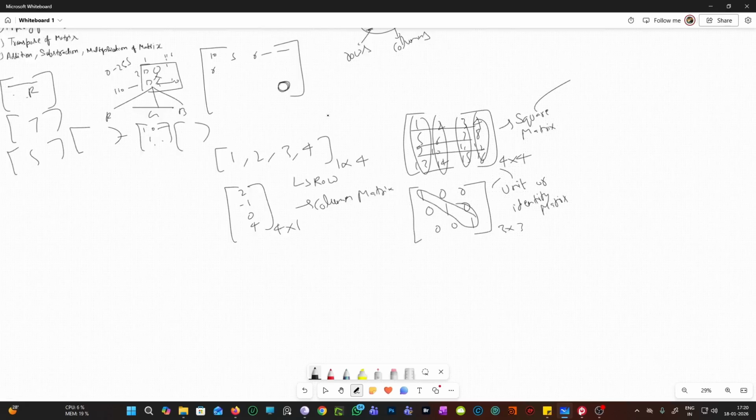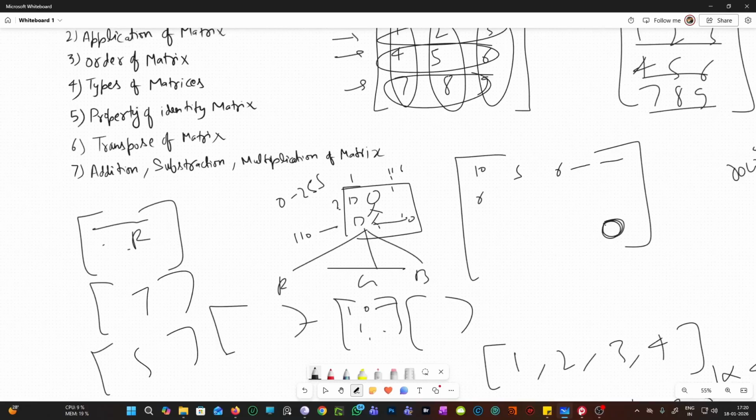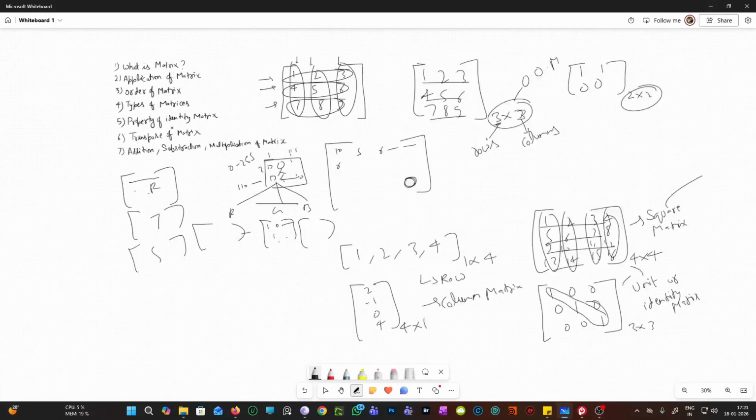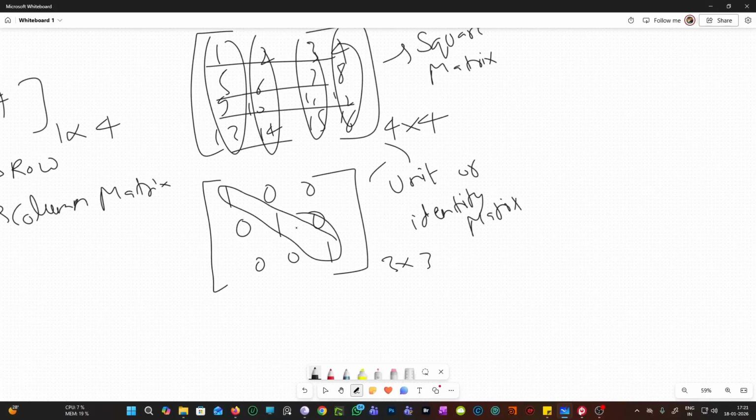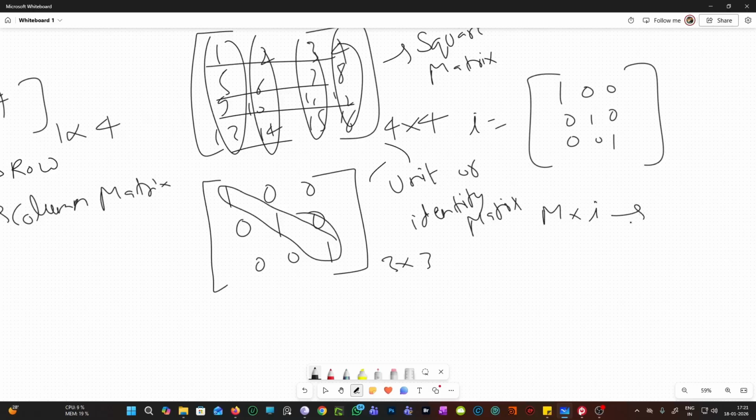Okay. So the next thing we have here is a property of the identity matrix. So basically, let's say this is our identity matrix: 1, 0, 0, 0, 1, 0, and 0, 0, 1. Let's call it I. So when we multiply any matrix by an identity matrix, we get the original matrix in return. And don't worry, I will explain how this multiplication works, but just remember it.